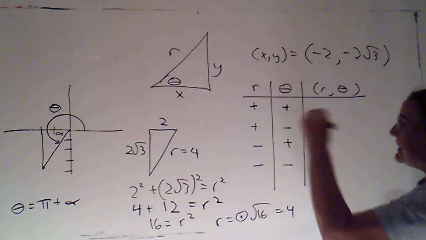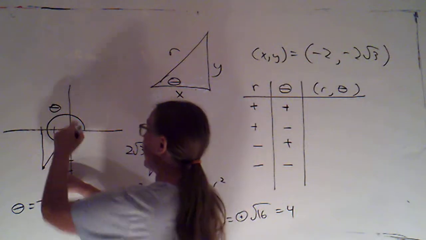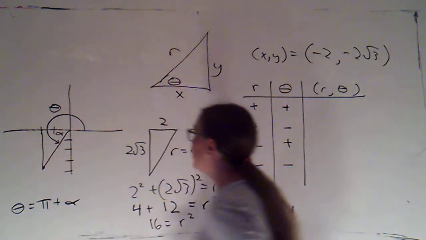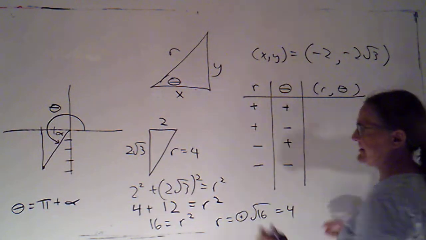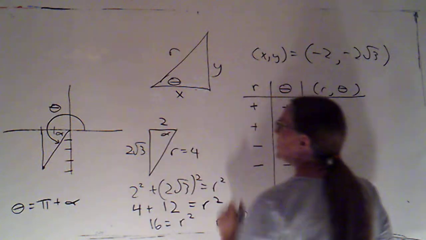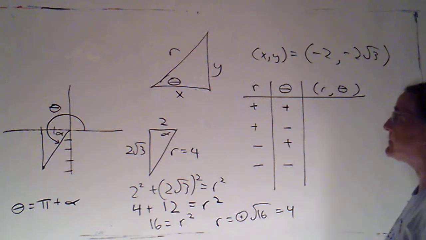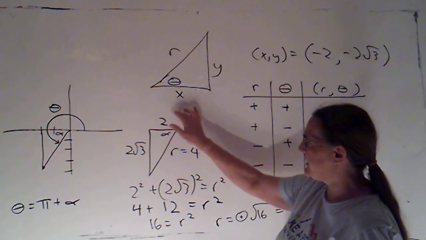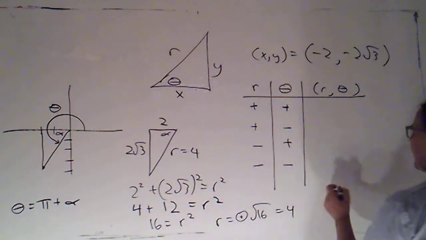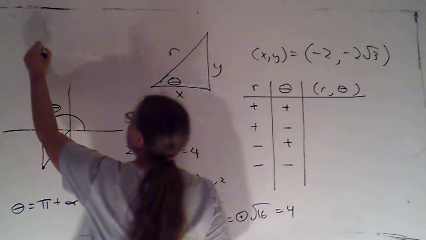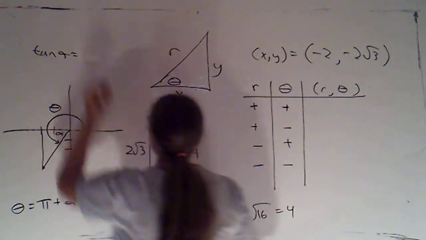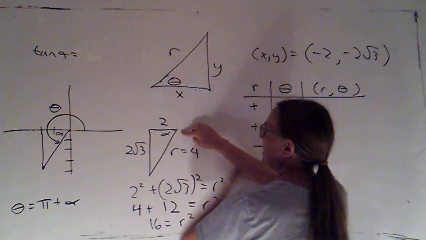All right. Now, I said if I'm choosing r positive, I'm choosing theta to be here. So let's figure out what our reference angle alpha is right here. And I could find that a couple of ways at this point. I'm going to go ahead and use the given information. I can see that tangent of alpha would be opposite over adjacent.